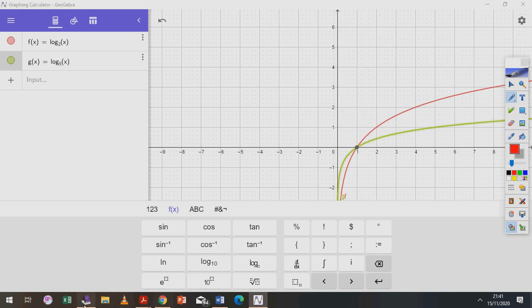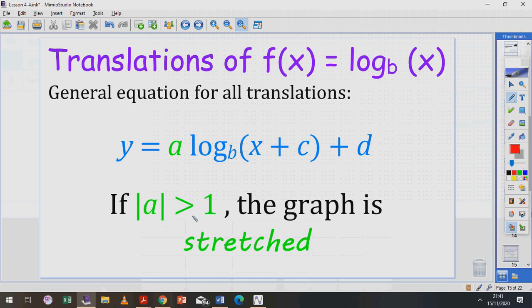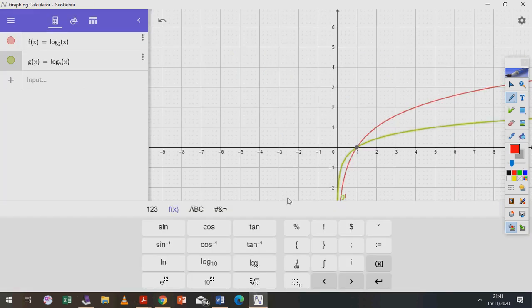And what we're talking about is if a is greater than 1, the graph is stretched vertically. I think you can see how that stretch happens. Sorry, that is not a.